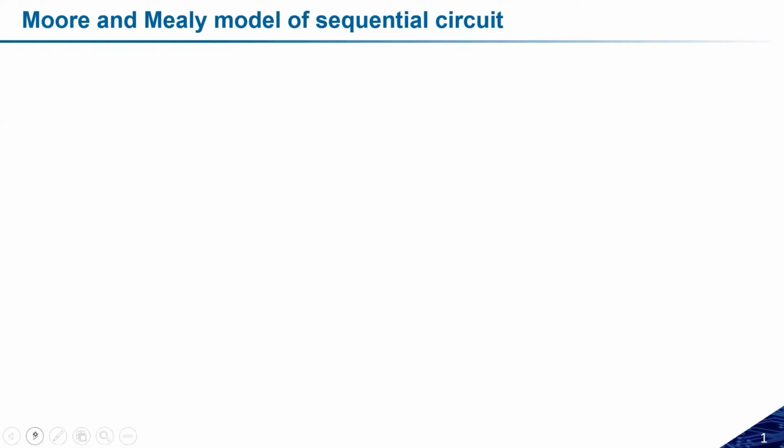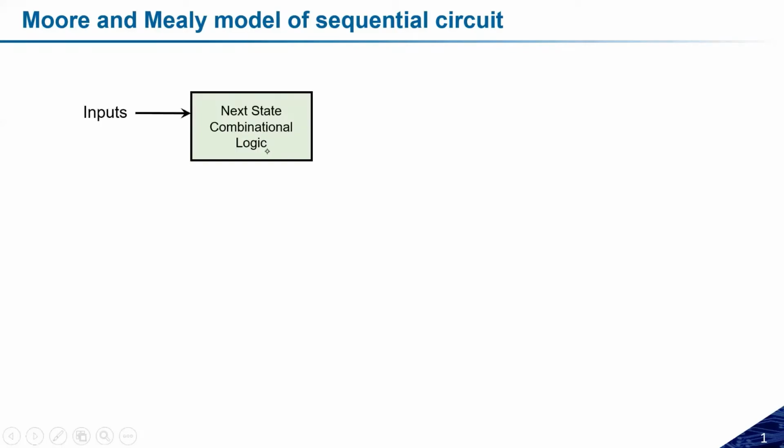What is the Moore model? Before we discuss the Moore sequential model, we need to understand a few things. Suppose I have an input signal of a sequential circuit, and a combinational logic circuit which I am going to operate. Let me recall the sequential logic.